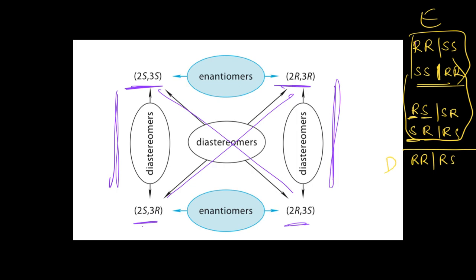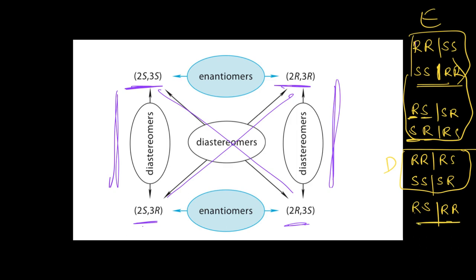Now if you consider here S and S, its mirror image is R and R. If one is the same as it is and the other is different, then these are called diastereomers. In case here R and S, then R as it is and S is different, opposite, meaning this is called diastereomers.